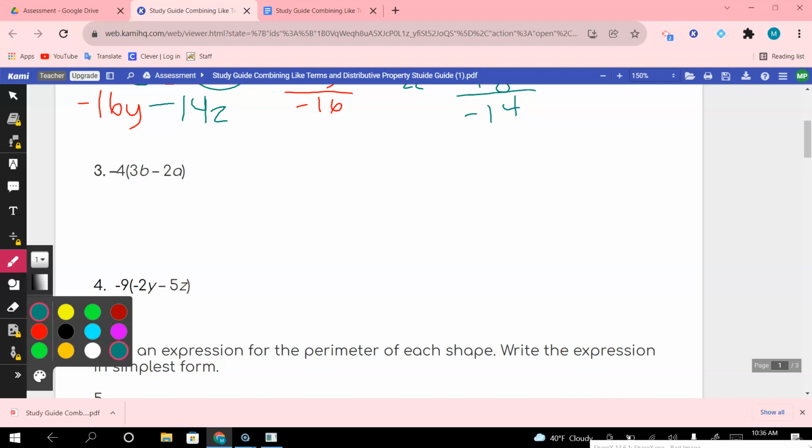We multiply negative 4 times a positive 3b, which gives me a negative 12b. Then I multiply my negative 4 times, and you need to recognize that sign in front, it is very important, a negative 2a. A negative times a negative is a positive, and 4 times 2 is 8, and then we had the variable, which was a. Those are not like terms, so I can't combine them anymore. All I had to do was distribute.